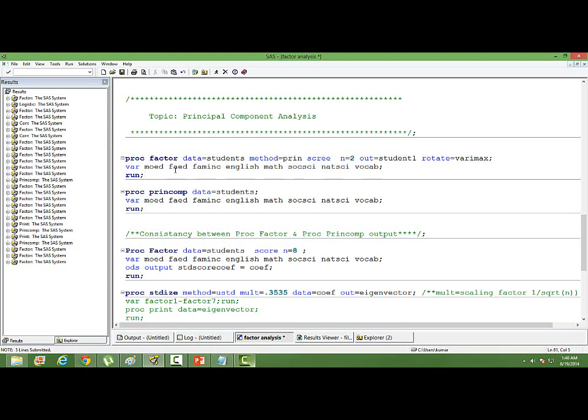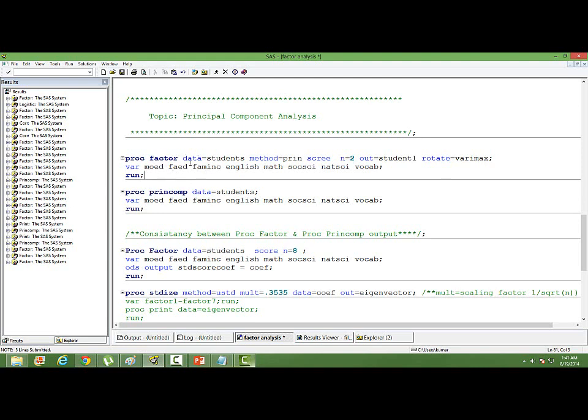Just to tell you in brief, standardization of data is nothing but you subtract the mean and divide it by the standard deviation. So in standardized data, your mean is 0 and your variance is 1, as well as the standard deviation is 1. That is the standardized data.